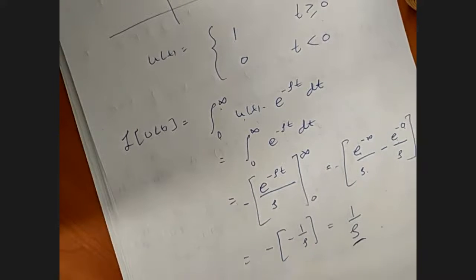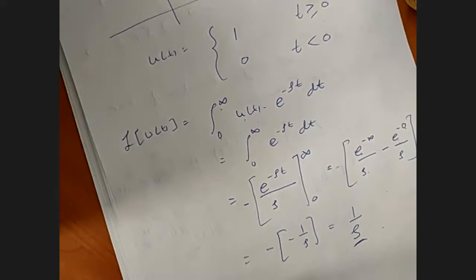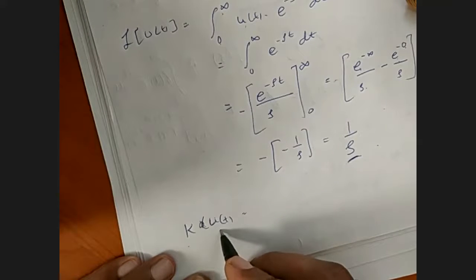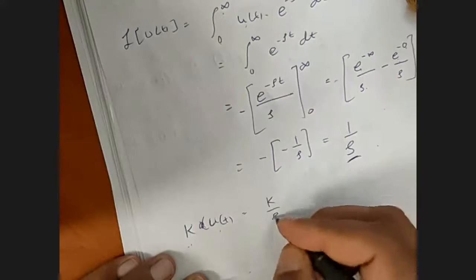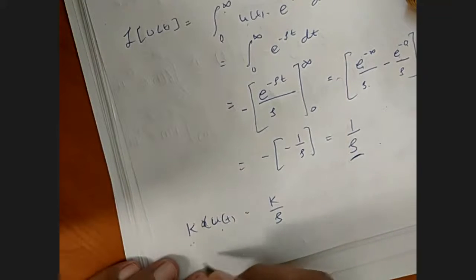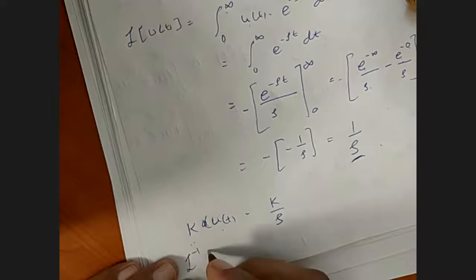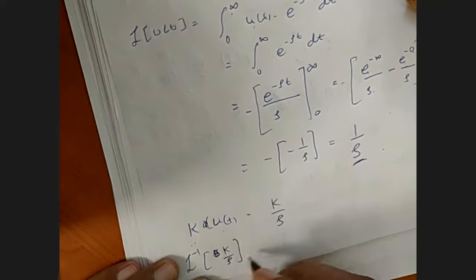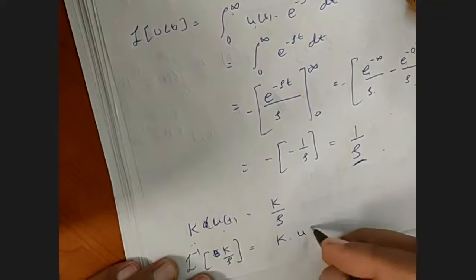And if the value is k into ut, then it will be k upon s. And if we talk about inverse Laplace of k upon s, it will be k into ut.